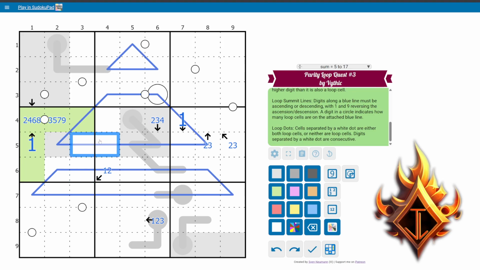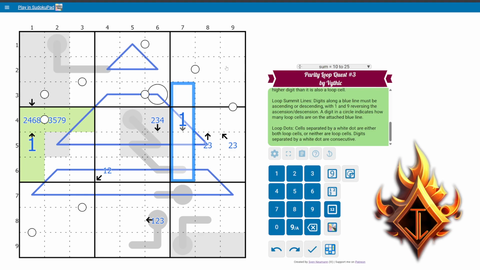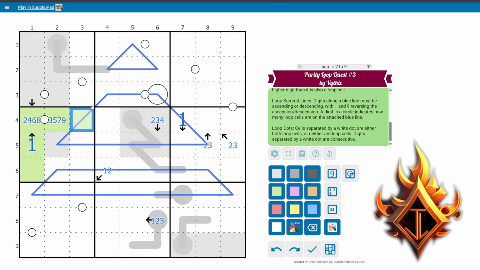As in these will not be, we can't have the arrow coming up this way and leaving this way. So this green goes up here, which means that these two are not on the loop.